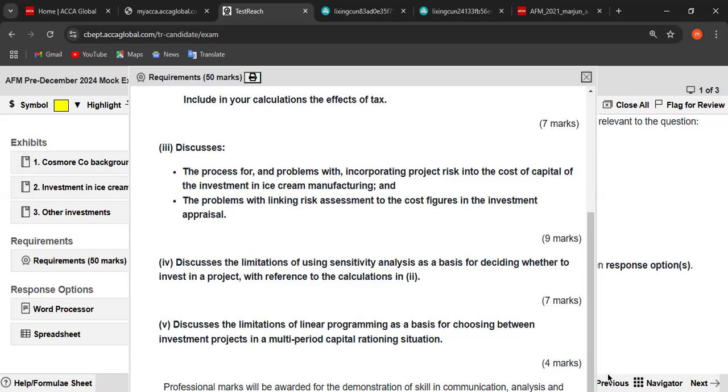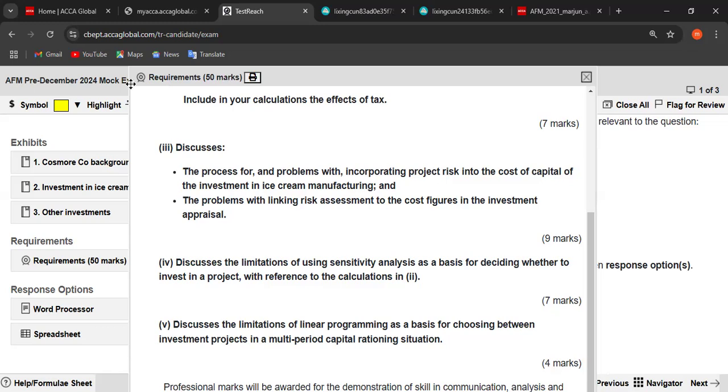And the fourth part, we forgot, discuss the limitations of sensitivity analysis as a basis for deciding whether to invest in a project, with reference to the calculation performed in part 2. So this is a very good question. It covers investment appraisal, sensitivity analysis, somehow risk-adjusted WACC, and somehow linear programming and multi-period capital rationing.